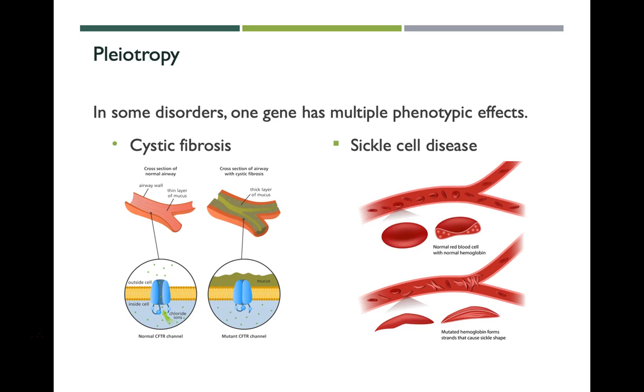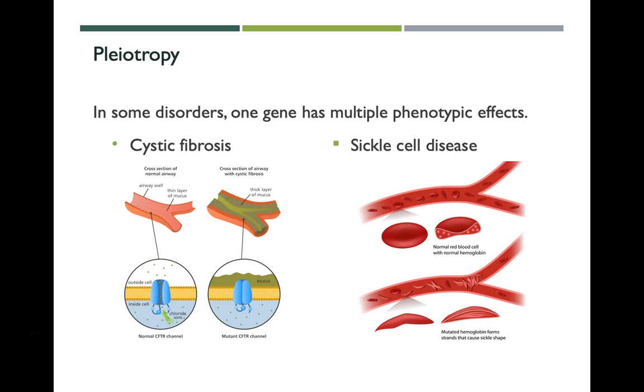When you have mucus buildup, there's problems with gas exchange, there's problems with exchange of other ions, and so not only do you have the phenotype of the dysfunctional protein, but you also have this mucus buildup. And that mucus can line your organs, it can line your airways, and cause a lot of problems with gas exchange, which is why you get a variety of phenotypic effects from this disorder.